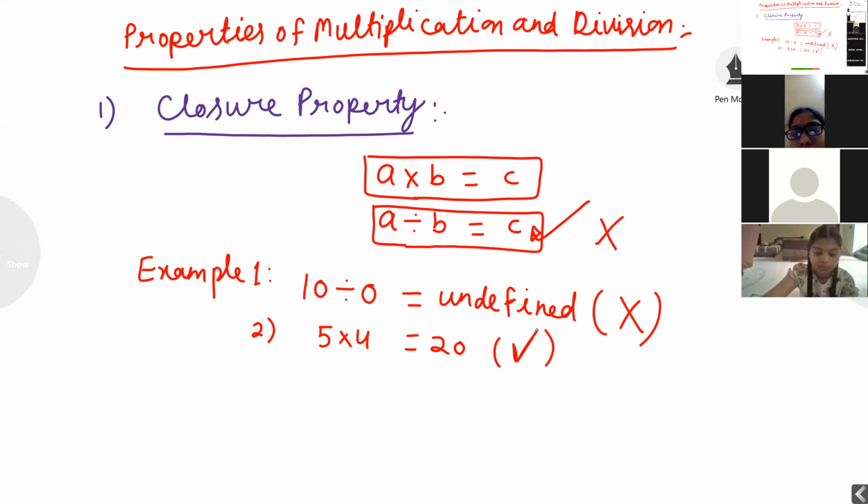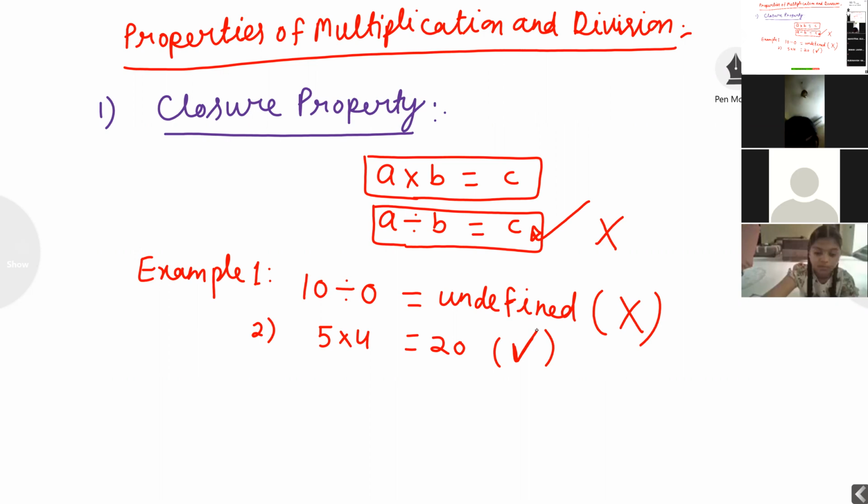Got it, everyone? This is closure property. We can apply closure property in the case of multiplication, and in division too, but in the case of 0, we can't apply closure property in division.